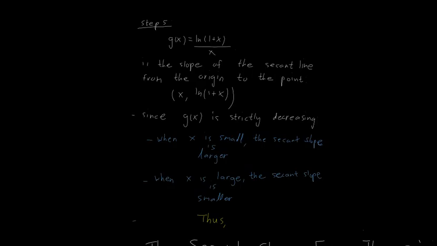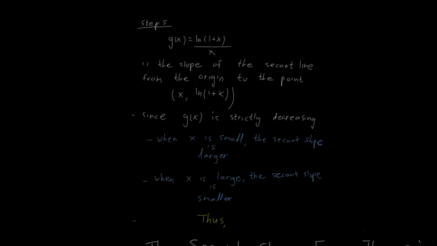So since g of x is strictly decreasing, we know that when x is small, the secant slope will be larger.